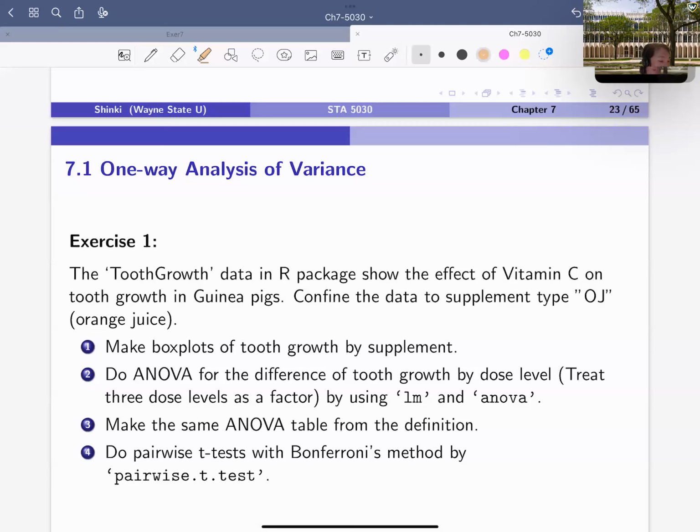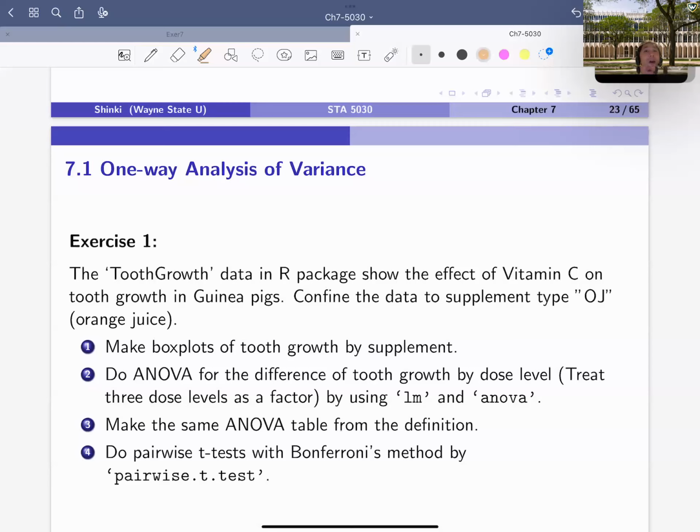Then maybe you can do the exercises. I have 2 exercises in 7.1. The default R package has the ToothGrowth data, with 3 kinds of supplement levels.